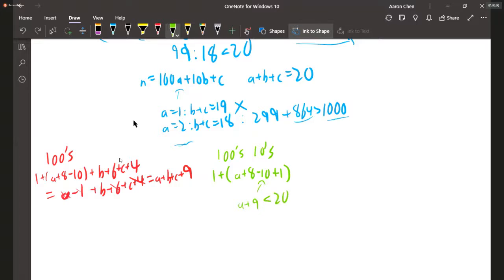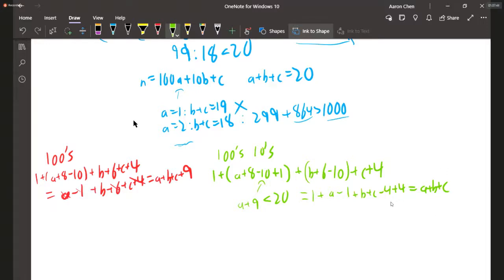So we don't need to carry a 20. And now the 10th digit, because it carries, is b plus 6 minus 10, and the unit digit is still c plus 4. And this is equal to 1 plus a minus 1 plus b plus c minus 4 plus 4 is equal to a plus b plus c. And so this case works.